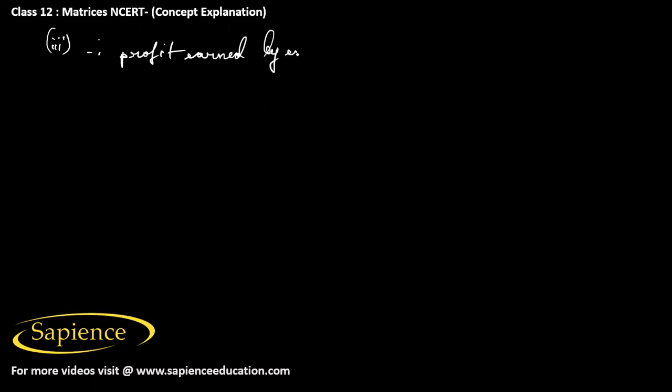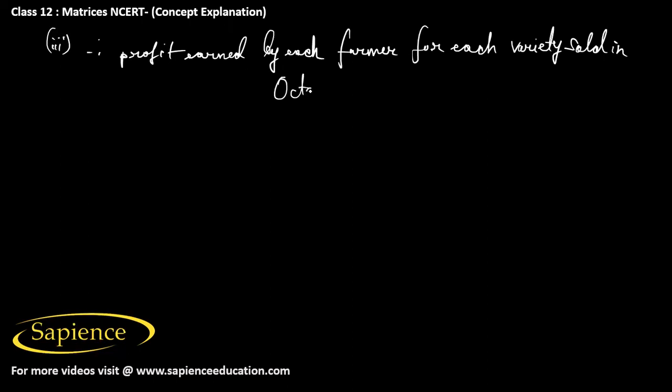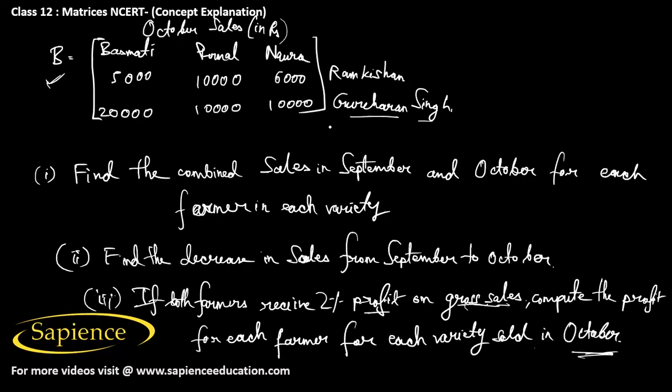So we need to find the profit earned by each farmer for each variety sold in October. That will be equal to 2%, meaning 2 by 100, into the matrix B. So we need to do 0.02 into the matrix B, which is the sales in October.